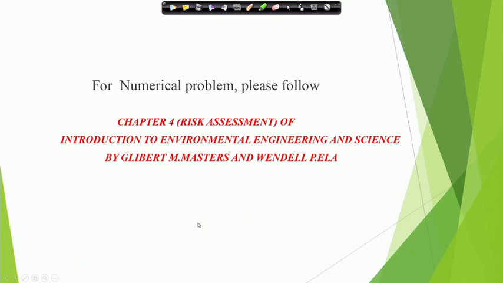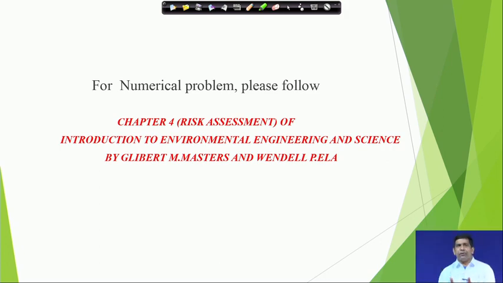One place where you can find some information for these numerical problems is chapter 4, the risk assessment chapter of the book by Gilbert Masters and Wendell Ela, Introduction to Environmental Engineering and Science. That book has similar problems and some exercises as well. I would encourage you to look at that if possible.